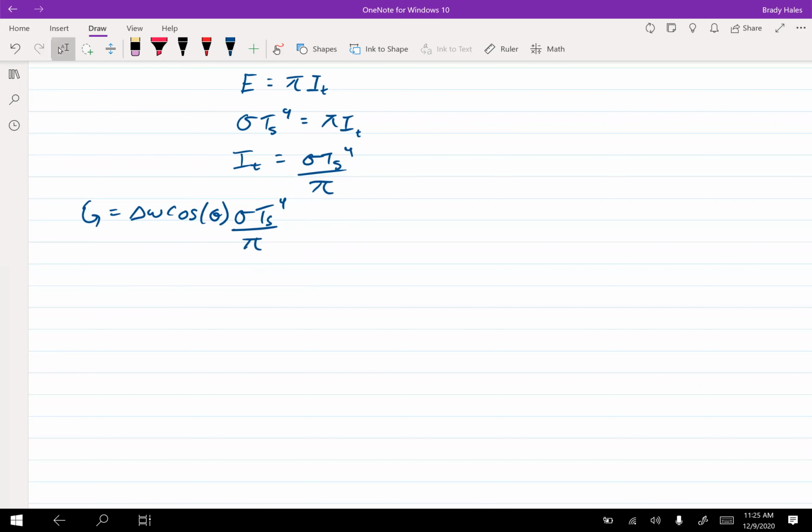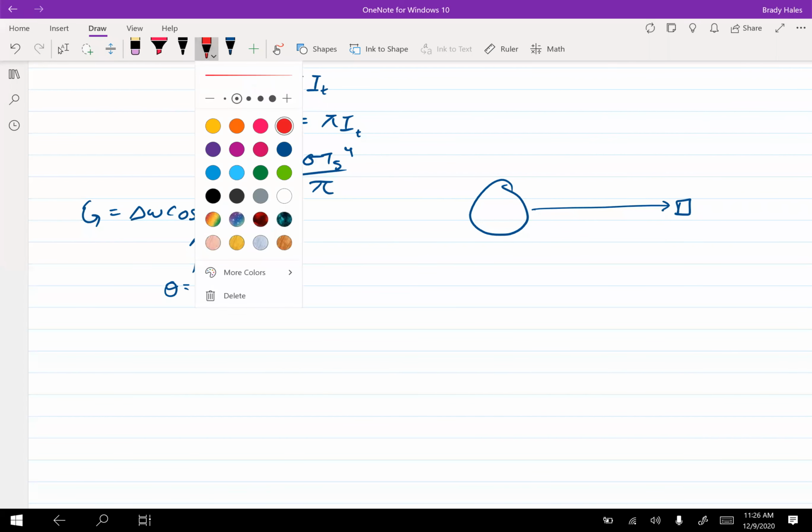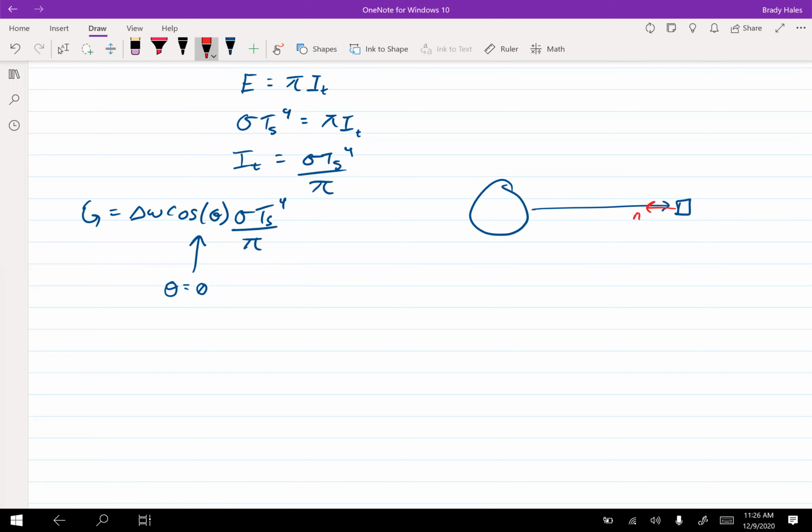Okay, now we assume that the ray of radiation hitting the rocket, because it's so far away, is essentially all normal to the surface, right? And if it's normal to the surface, remember that theta is equal to 0, because it's the angle between the red and the blue line that I've just drawn.